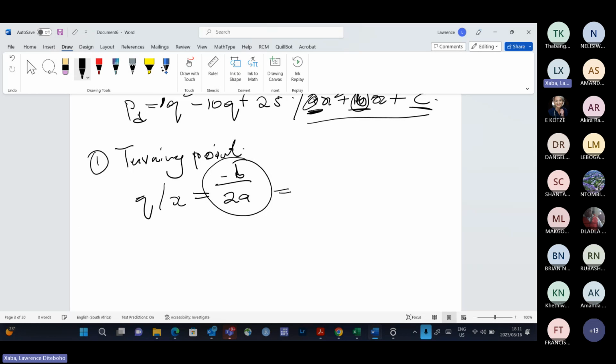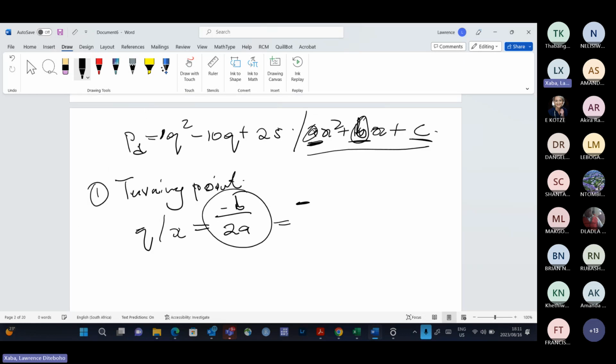We say, okay, equals minus, open brackets, we have 10 here, but it's not 10, it's negative 10. Then we say negative 10, close bracket, divide by 2. Like I said, if we don't have a number in front of a Q, we know that automatically we have 1 there. So there is our 1.